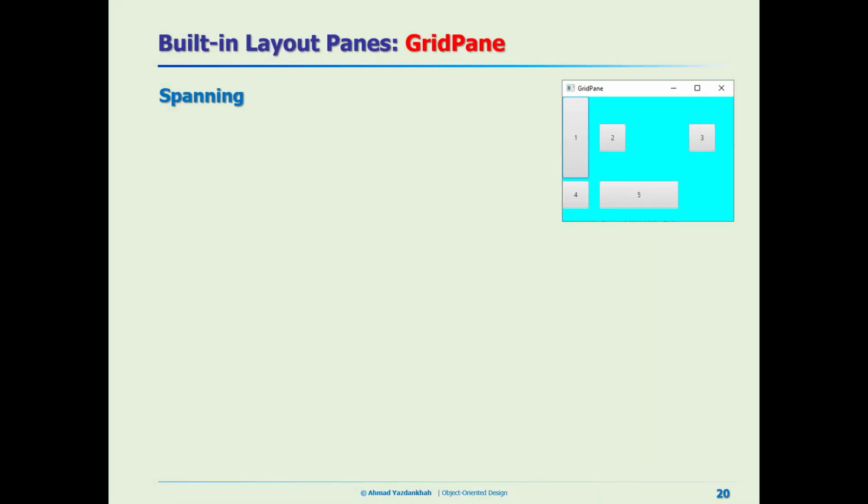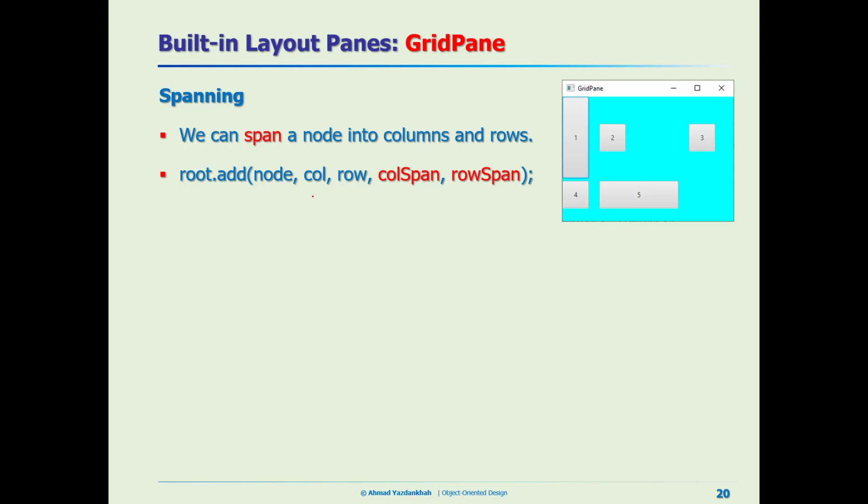So spanning. With this layout pane, you can span a node into columns and rows. How can we do that? Instead of just mentioning the node and the column and row, we can say how many columns we need to span this node and how many rows.